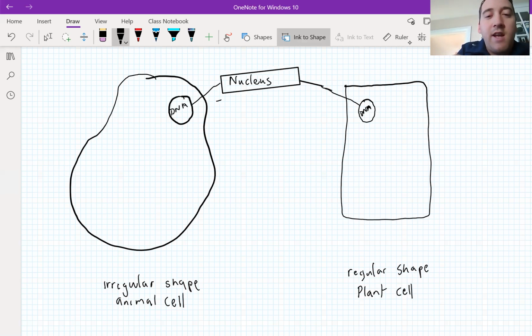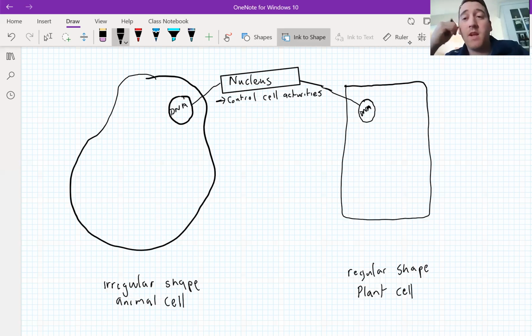And then each of these structures has a job to do, or what we call a function. So in science, anytime something is doing a job, we say it has a function. So the nucleus's function is to control cell activities. Control cell activities. Now, what do we mean by this? We mean basically its behavior and the stuff it makes for your body.